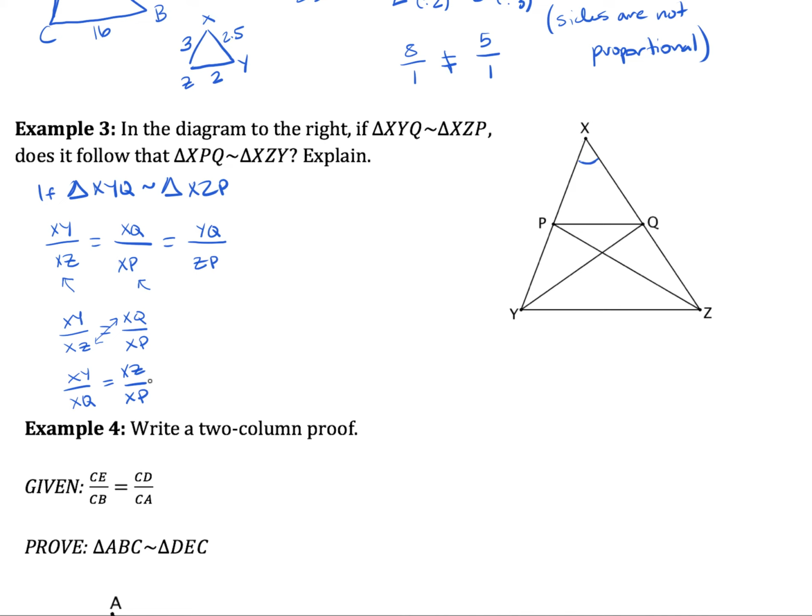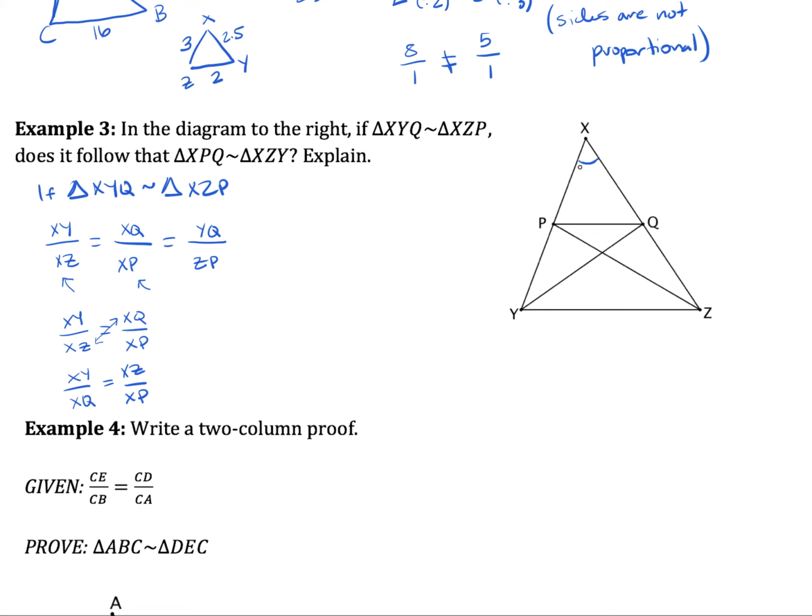So this statement right here is actually a statement saying that two sides from this triangle are proportional to two sides of this triangle, or that corresponding sides between these two triangles are proportional. If we could say that the included angles between this pair of corresponding sides were congruent, that would be SAS similarity.